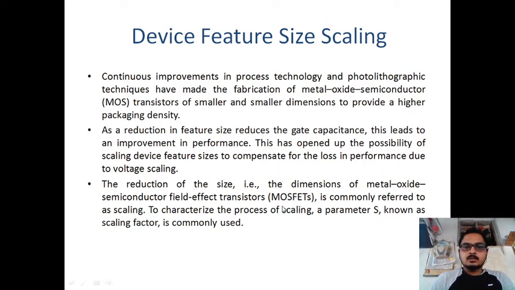To characterize the process of scaling, it is represented by a parameter S. Remember this, it is very important. The scaling is represented by a parameter S, known as the scaling factor. This scaling factor must be greater than 1. Remember that thing. The scaling factor S must be greater than 1.